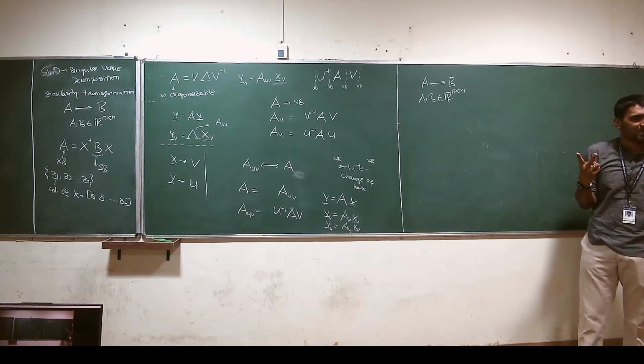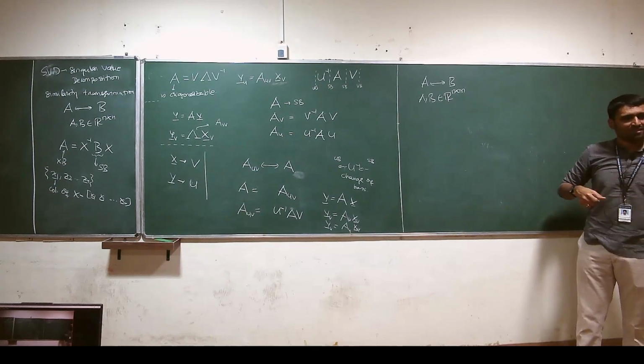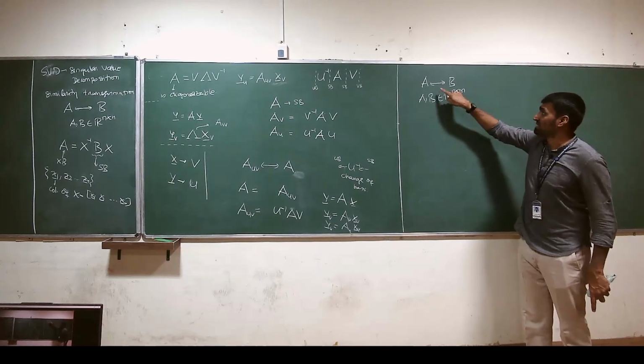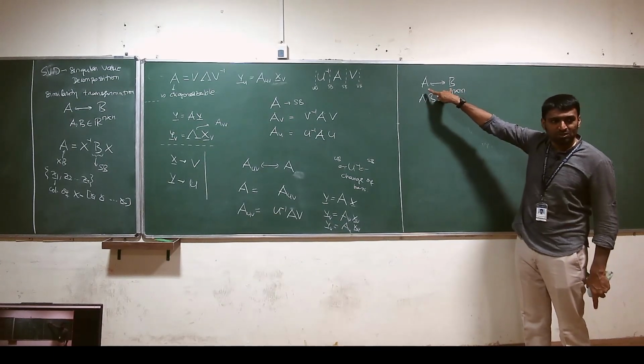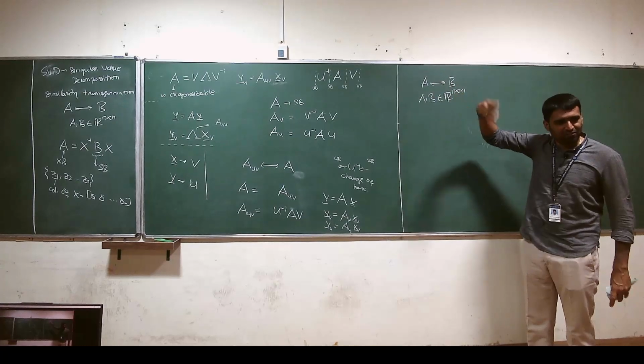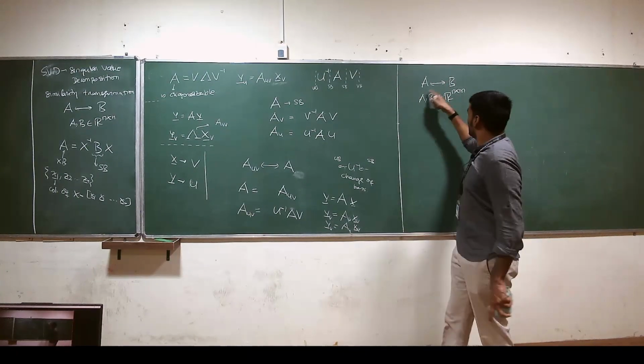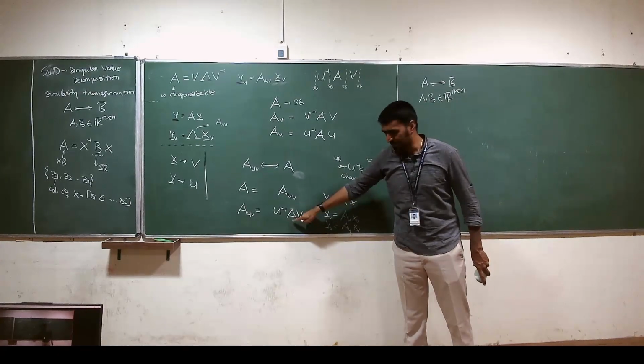You will never have the same basis for the input vectors and the output vectors. So in that case, you can still ask, are there matrices which represent the same geometric operation, but in a different basis for the input and the output? Those matrices can be represented like this.